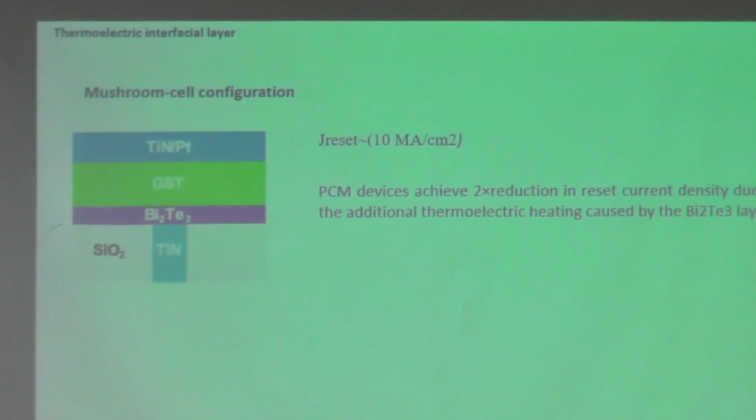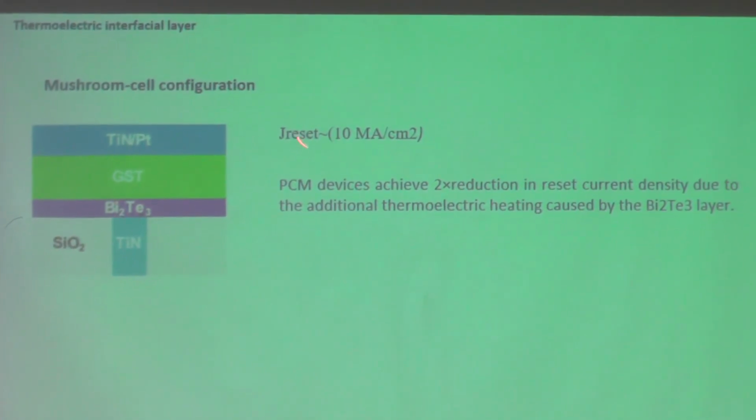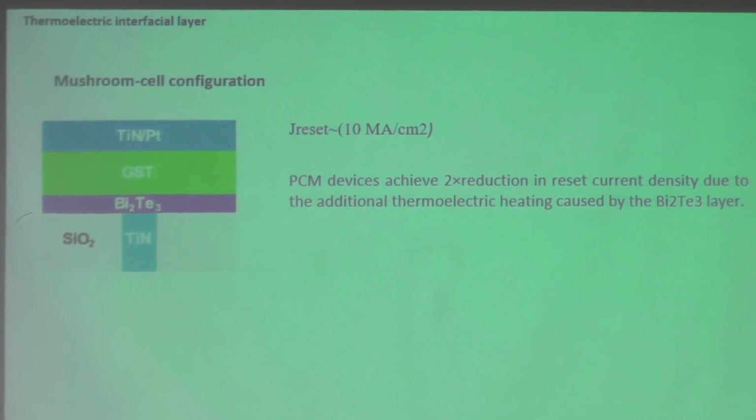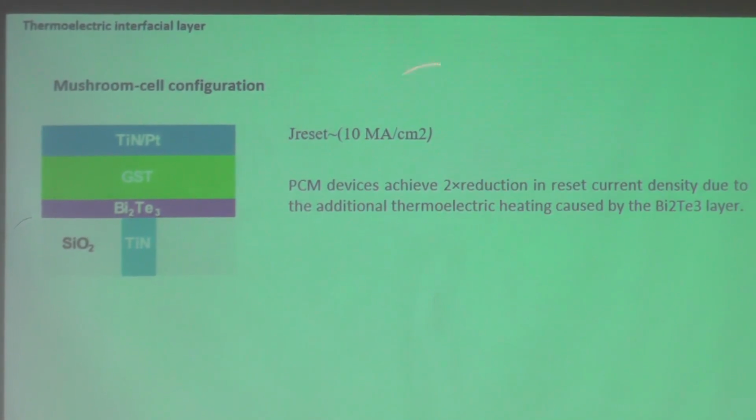In the case of pure GST, we have a value of 20 MA per square centimeter. So we have a 2 times reduction in reset currents due to this thermoelectric layer, which is due to the additional thermoelectric heating caused by the bismuth telluride layer.